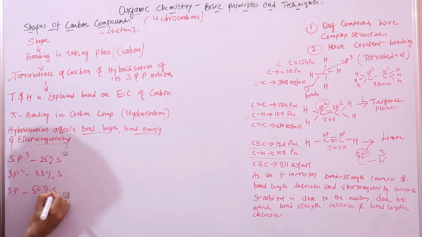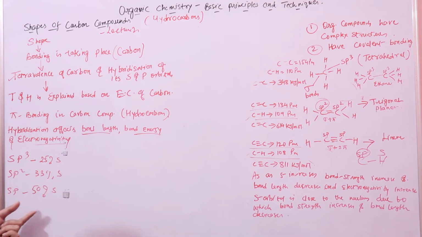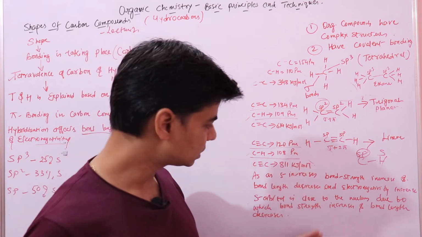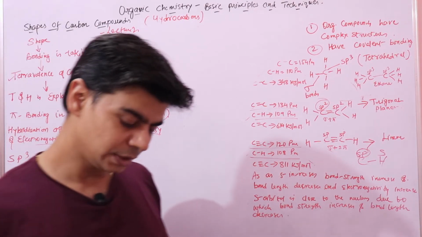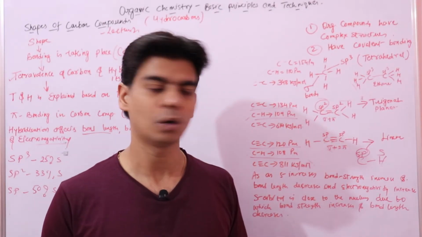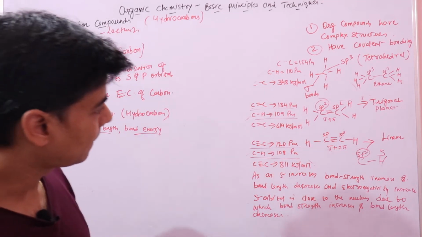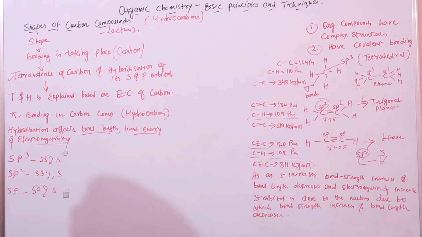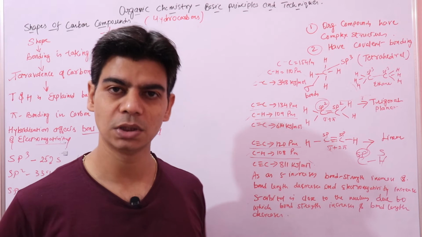s character, right? So let's see how an increase in s character, which we have done also in the previous lecture, will affect bond length, bond strength, and electronegativity, right? So we know that the s orbital is close to the nucleus.